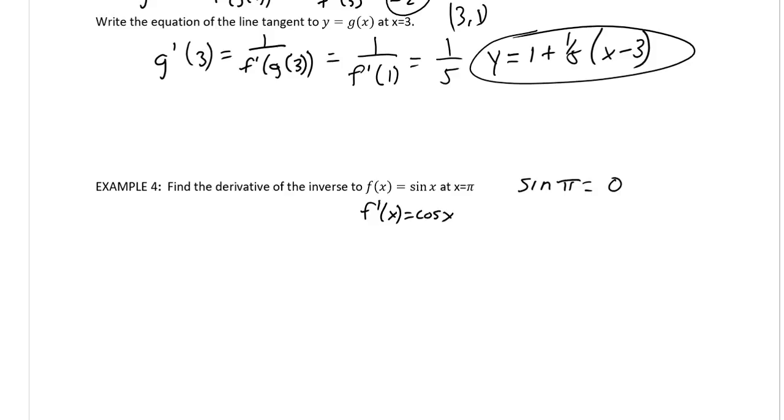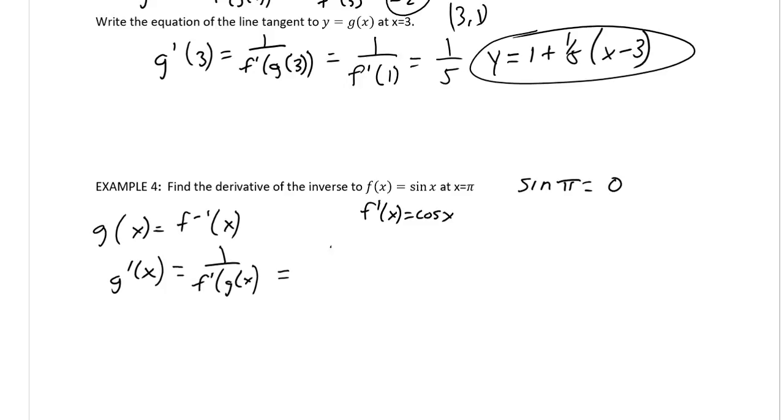And so g prime is then 1 over f prime of g of x. So it's 1 over f prime of g of pi. Alright.